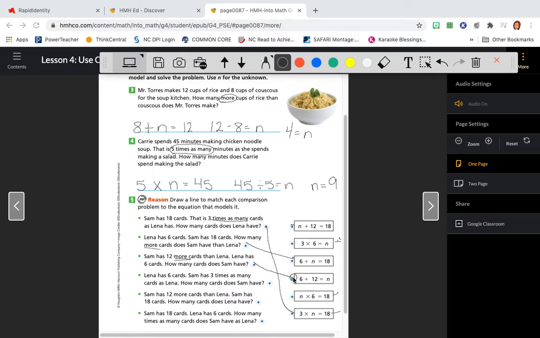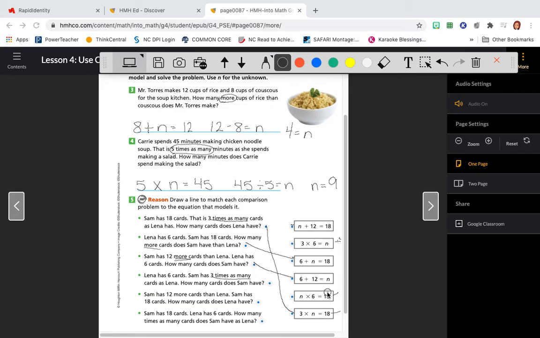All right, look at your next comparison. Lena has 6 cards. Sam has 3 times as many cards as Lena. How many cards does Sam have? 3 times as many. So we're looking for multiplication. So we have 3 options left. Okay, so here's this option, or this option.